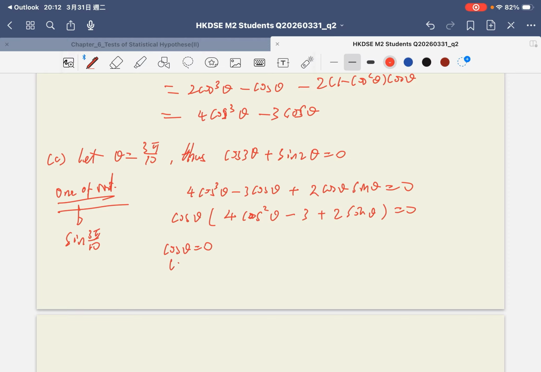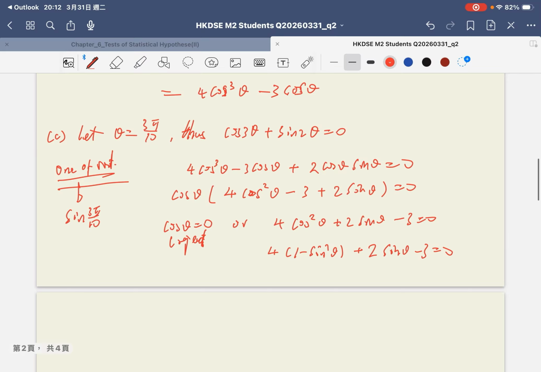Of course, this is rejected, because cosine 3π over 10 is not 0. The second is 4 cosine squared θ plus 2 sine θ minus 3 equal to 0, and cosine squared can be changed to 1 minus sine squared. This can be changed to a quadratic equation.